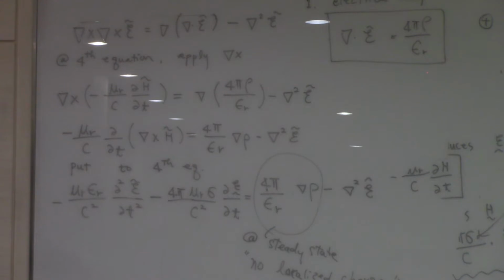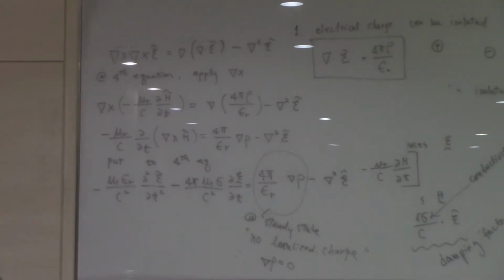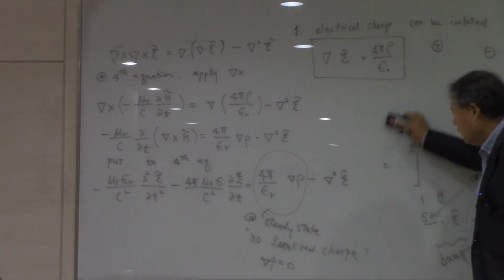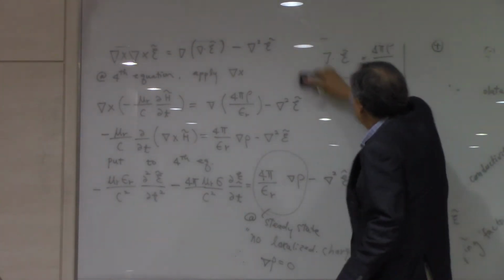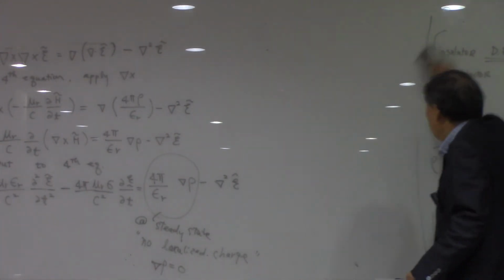So at steady state, the equation that we have manipulated according to the Maxwell equation is going to be something like this.